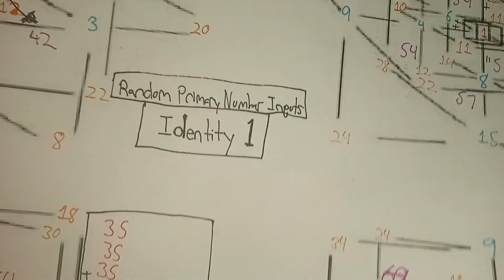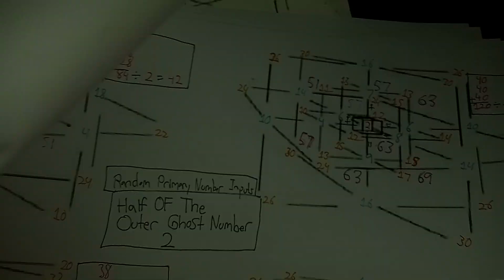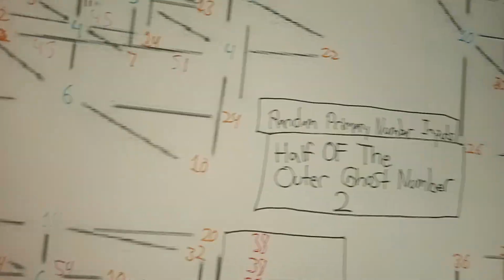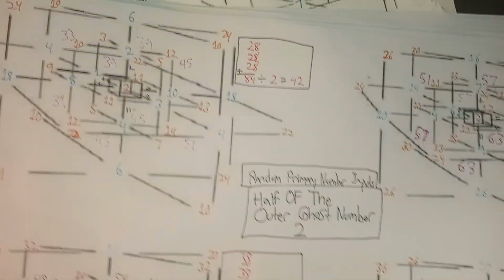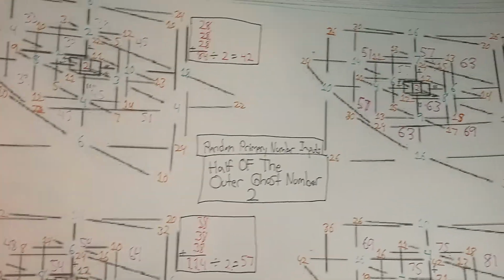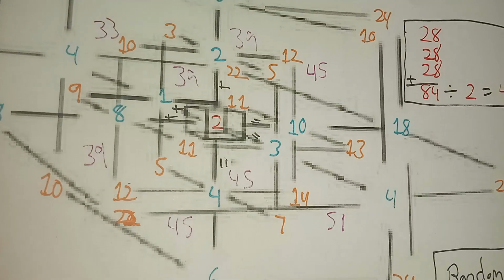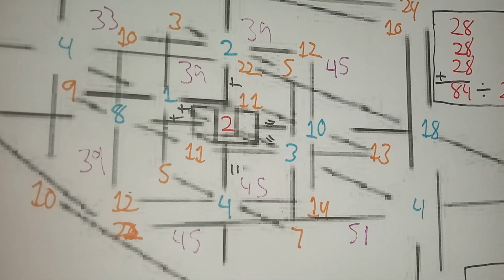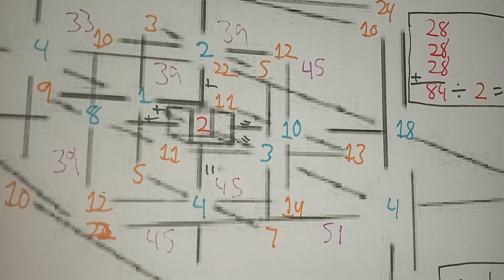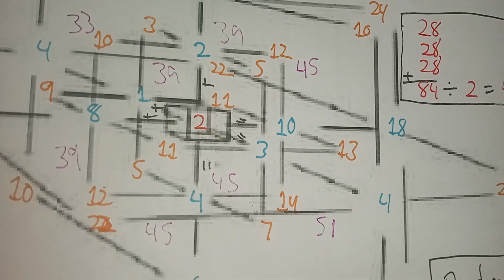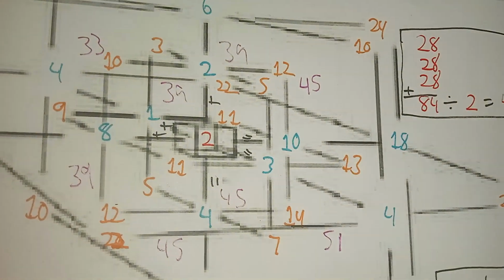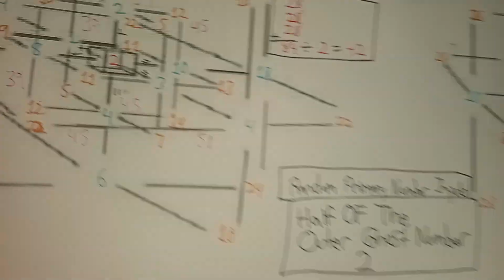This is a random one identity. I've had these filled out, and I showed these on the last ones. But if you can see this, you can imagine the vector system crossing through the cube, with the purple inner ghost numbers.